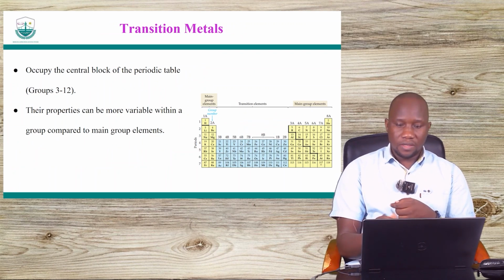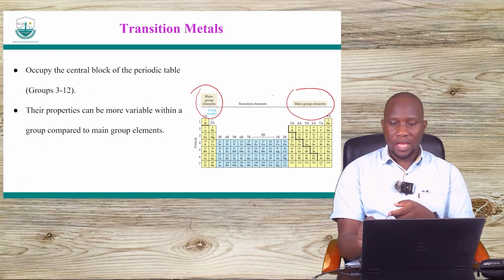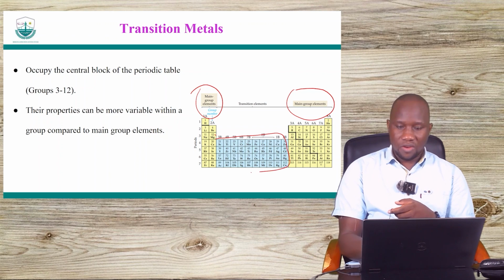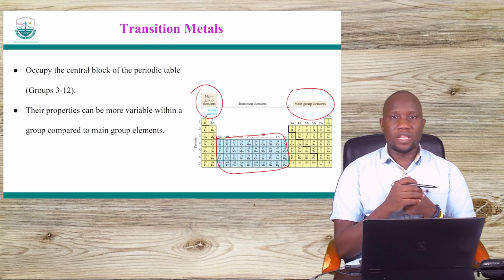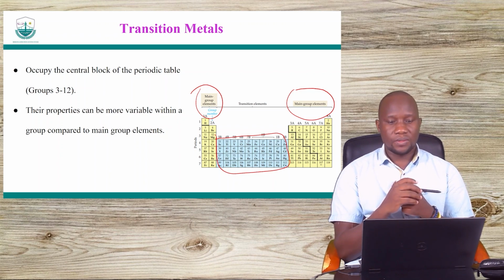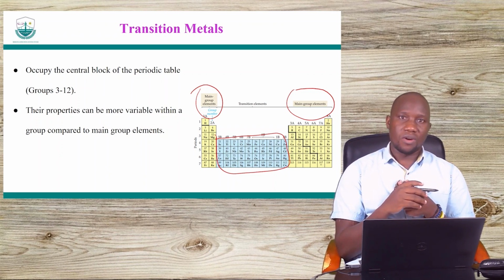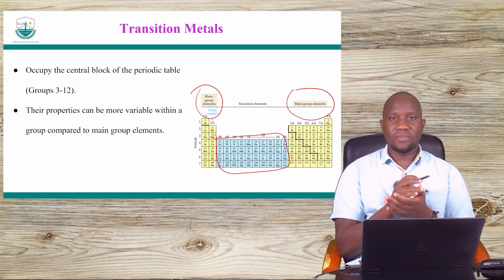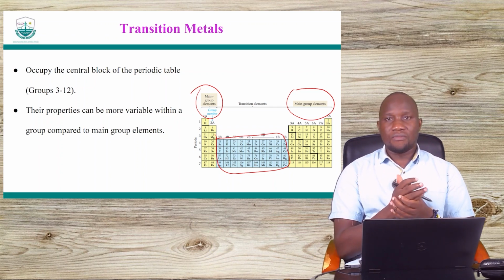And in between, remember what we said, that we have the main groups, and then we have these ones in the middle. These ones, we call them the transition elements. And they are quite unique because they have variable characteristics. That is to say that their properties are actually varying a lot.